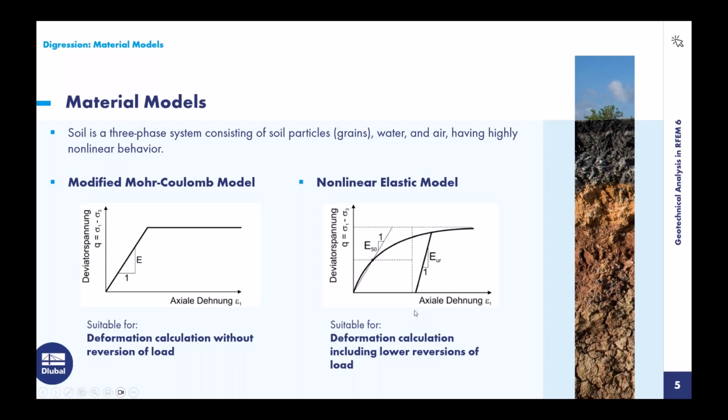And it is also able to differ between first loading, primary loading, and unloading and reloading. In unloading and reloading situations, it shows linear elastic behavior. This model is suitable for deformation calculation, including lower reversions of load and with distance to the failure.